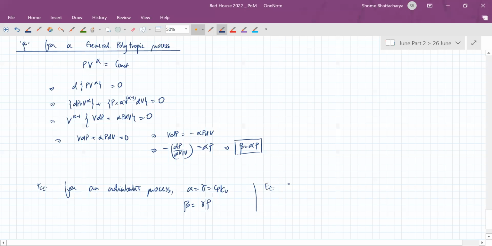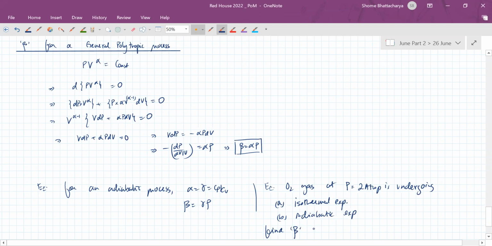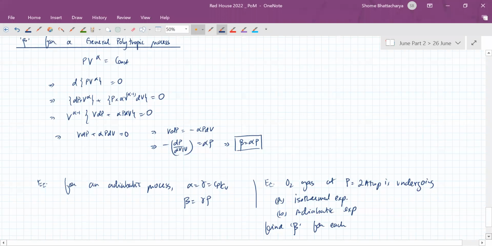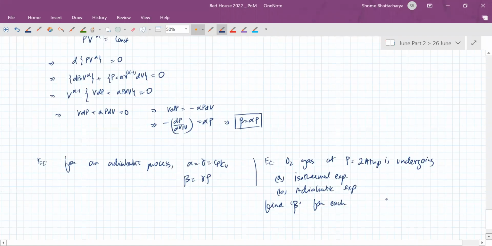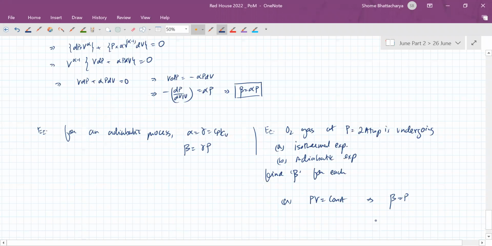So for example, let's say oxygen gas at a pressure of 2 atmosphere is undergoing an isothermal expansion or an adiabatic expansion. So find the bulk modulus for each. So you can see the answer to that becomes, so bulk modulus is instantaneous pressure.